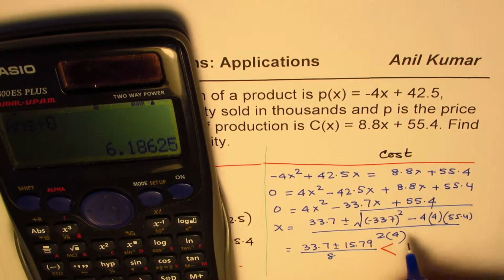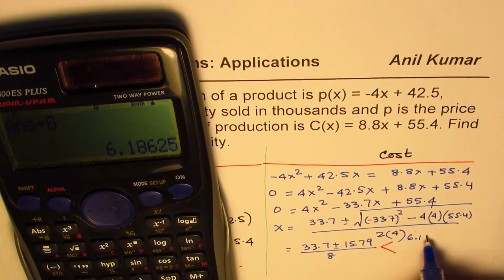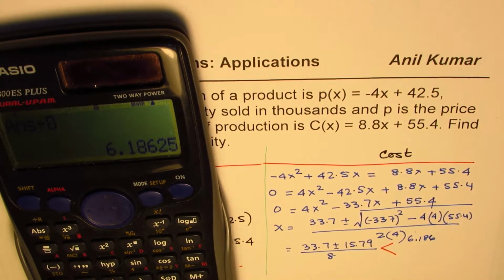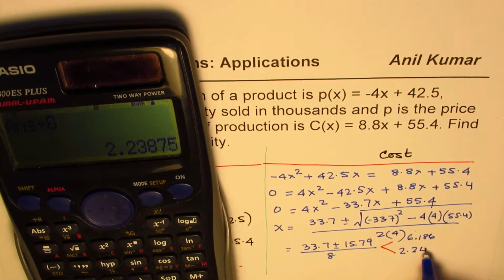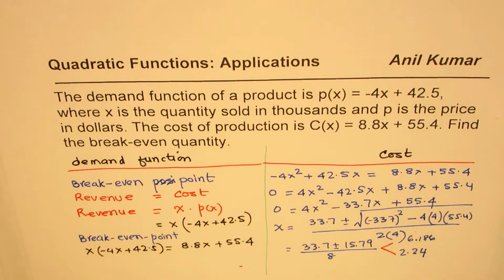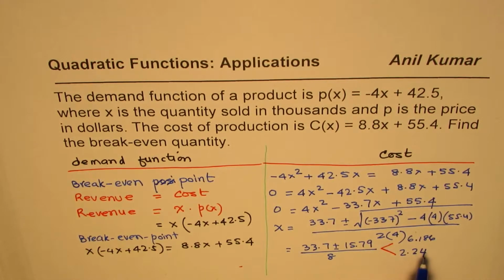In decimals, it is 6.186. The other one is 33.7 minus 15.79 divided by 8, which gives us in decimals 2.238. Okay, so that is what we get as x values.